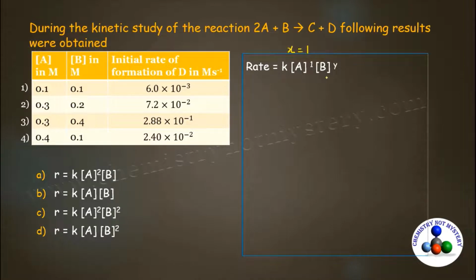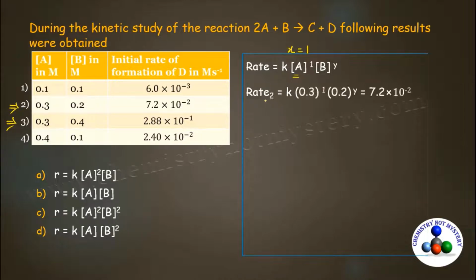Now we have to calculate the value of y. Now you have to select the set of reactions in which the concentration of A is constant. So in the second set and in the third set, the concentration of A is constant while the concentration of B varies. So write down the rate law for the second set.